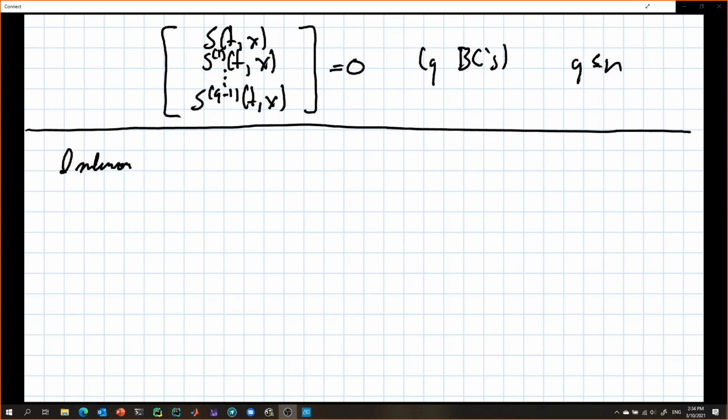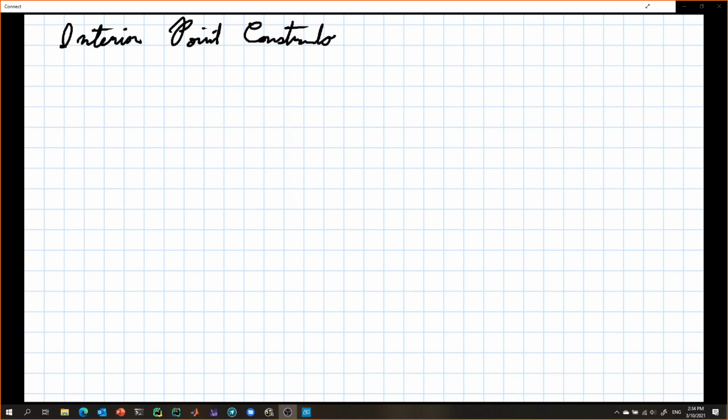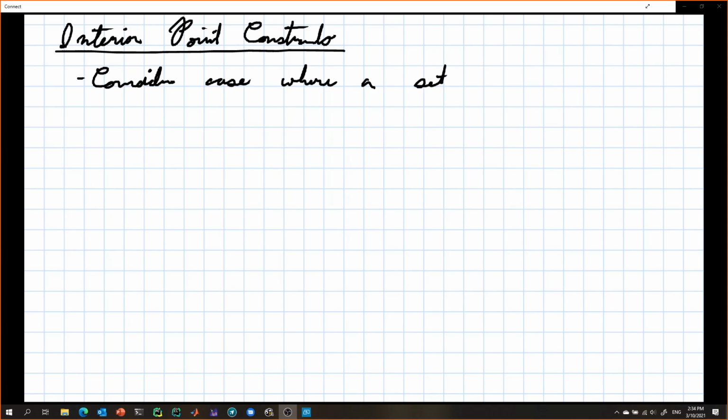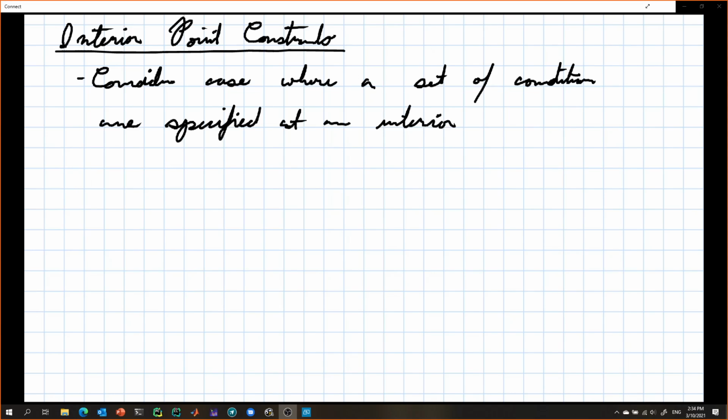interior point constraints. So here we consider the case where a set of conditions are specified at an interior point t1.